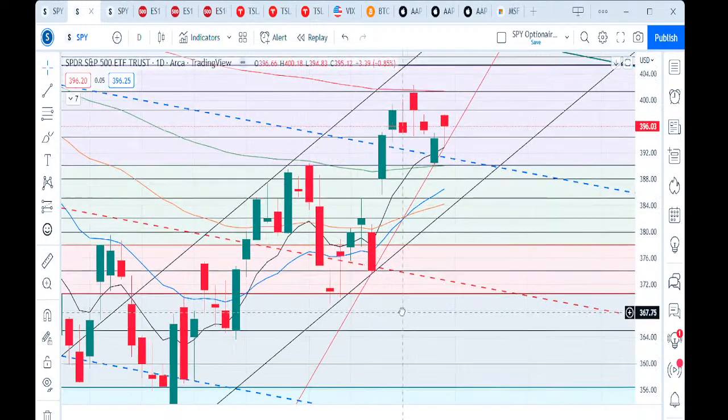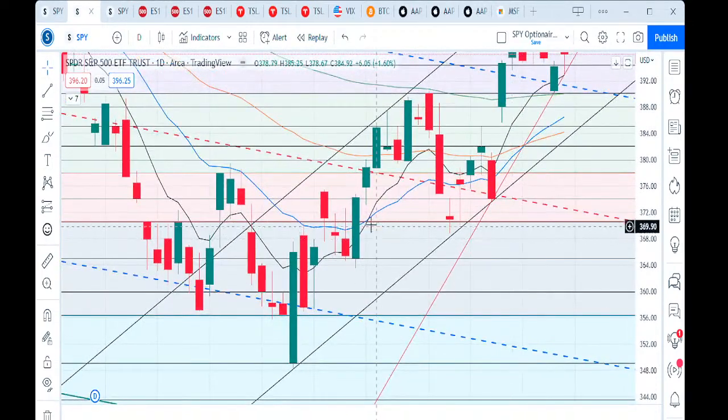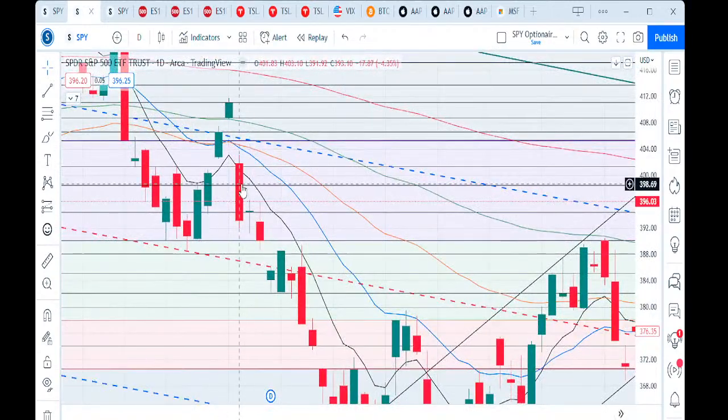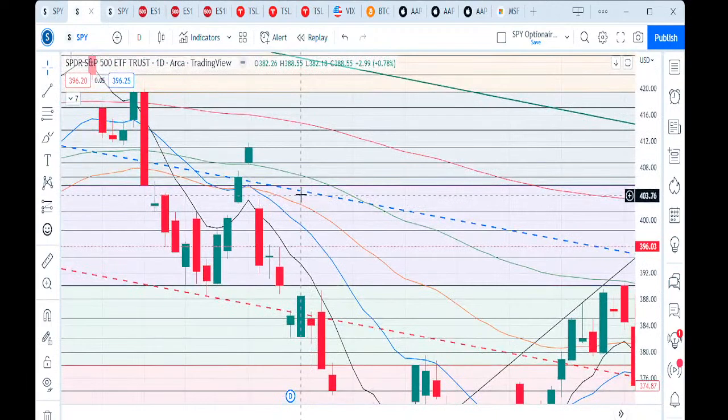I'm not going to use November's because that was an abnormal day. Let's see, where was October's or September's CPI? So September's CPI. What I'm looking for is interaction with key levels. Here we have the day before CPI.